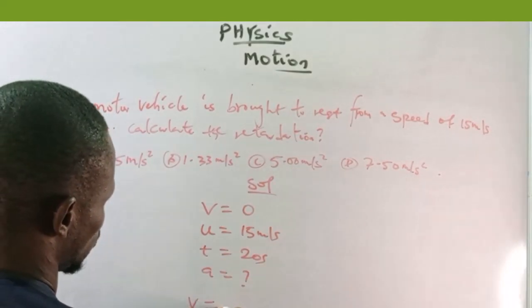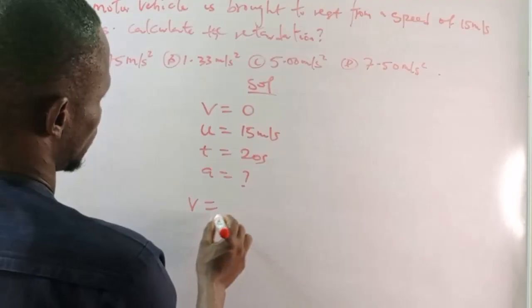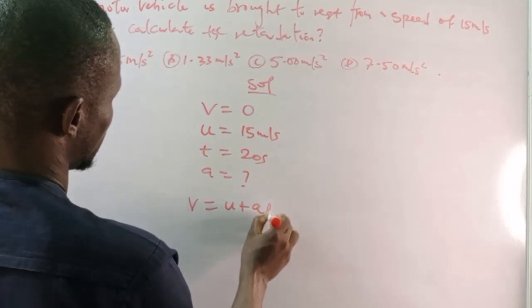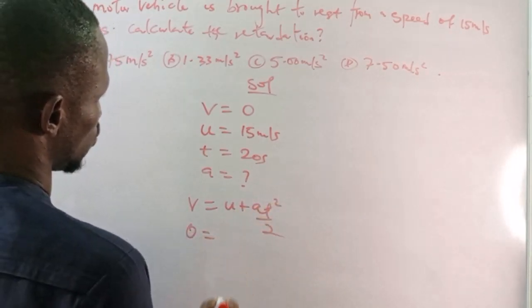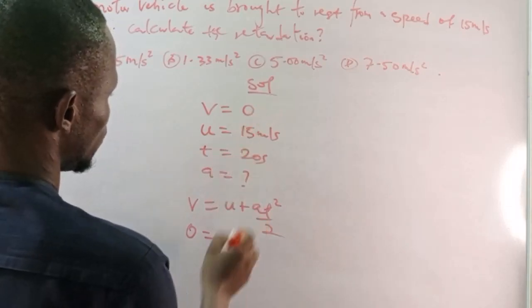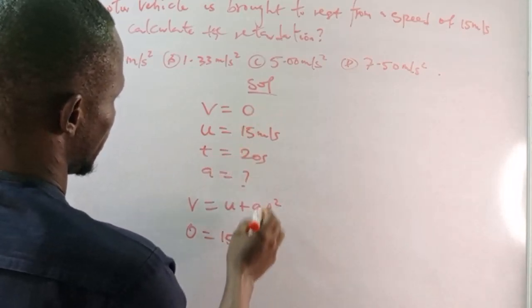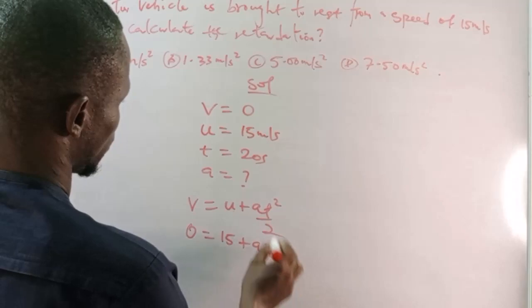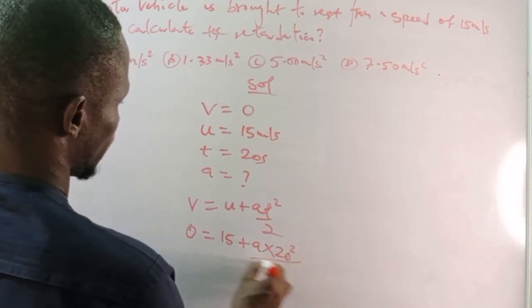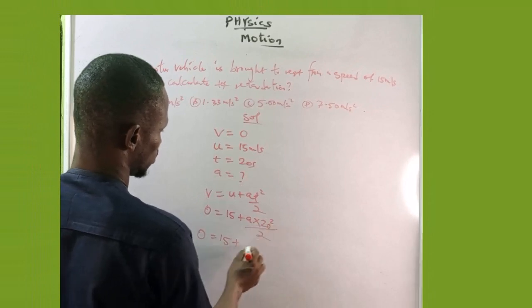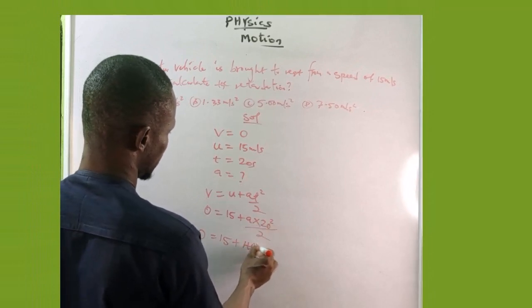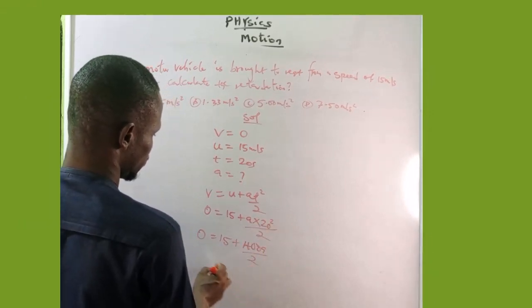V is equal to, which formula is going to go here? V is equal to U plus at squared over 2, right? So 0 is equal to U, which is 15, plus A, which we are looking for, times time, 20 squared, over 2. 0 is equal to 15 plus 20 squared, which is 400, A over 2.